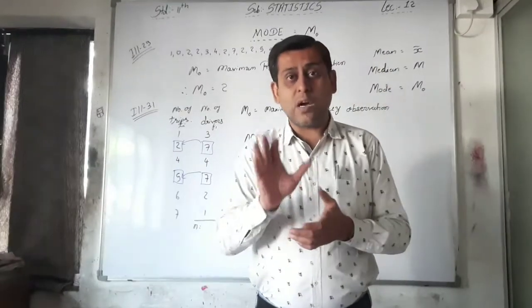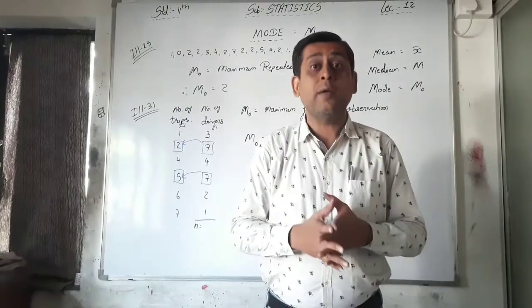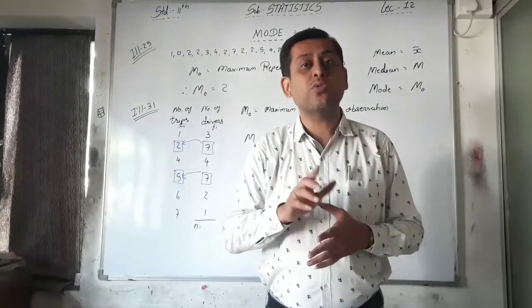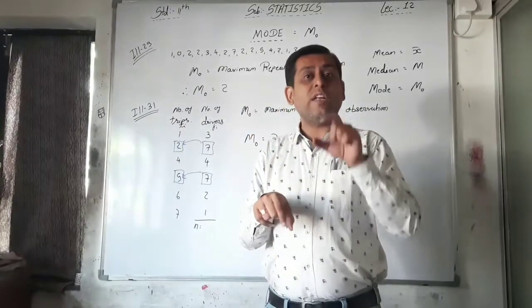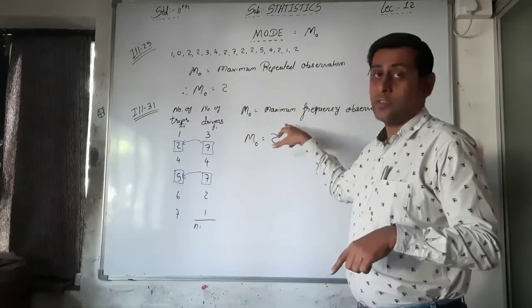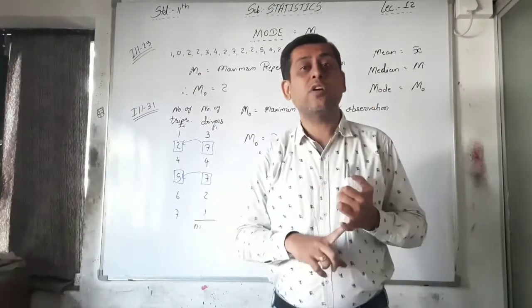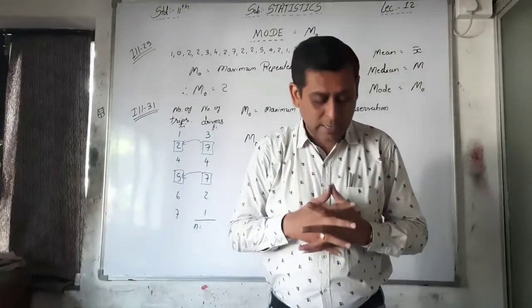If it comes under the 4 or 5 situations of the empirical formula, then you have to use that particular empirical formula, or otherwise if it is a normal one, then you can use these formulas for the ungrouped data, for the discrete group data, as well as for the continuous group data.